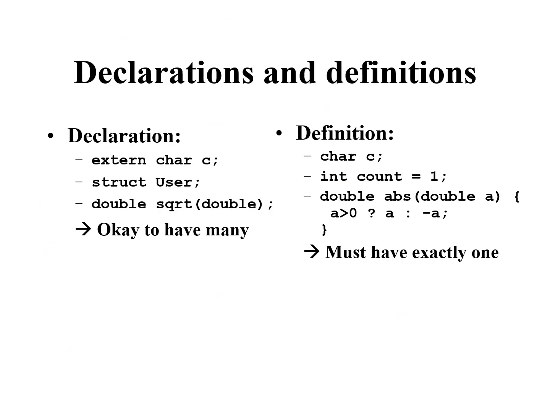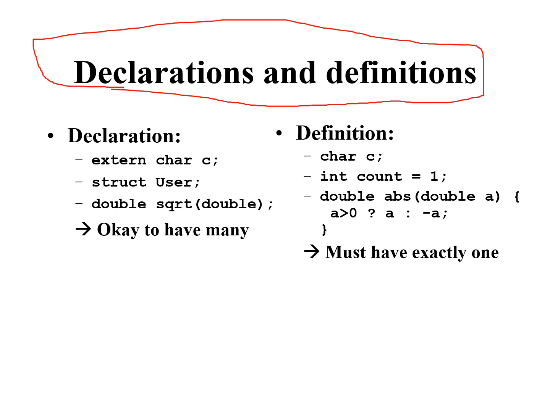Now declarations and definitions. So how are we going to declare? extern char c, that is a declaration. And struct user.